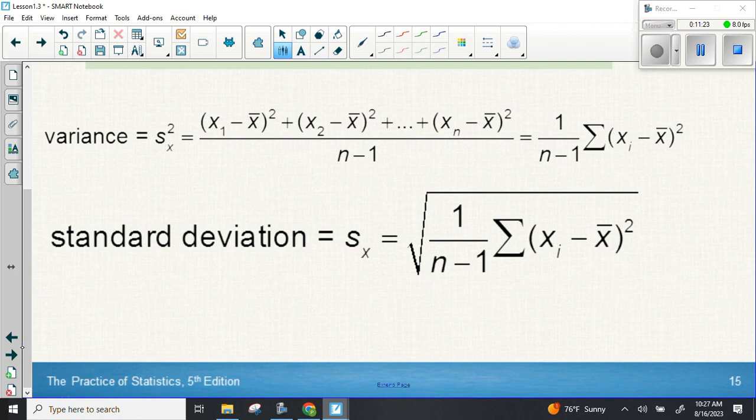Your standard deviation is the square root of your variance. Now what is this? Our variance is each x value minus the mean, square it. Add the next x value, subtract the mean, square it. You can imagine that if you had a data set with 10 data points, you're going to be calculating for a long time by hand, and there's a very good chance you're going to make a mistake, just copying from your calculator, all the squaring, all of that.